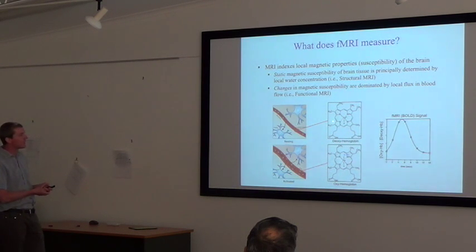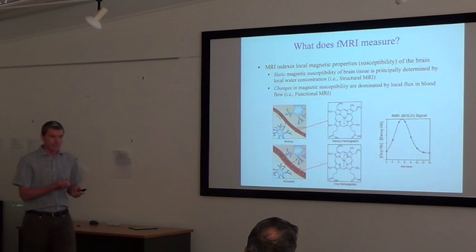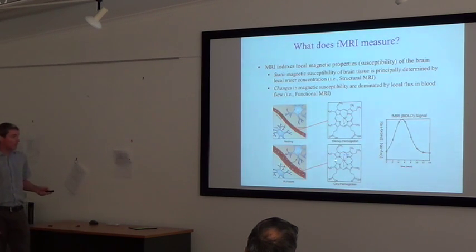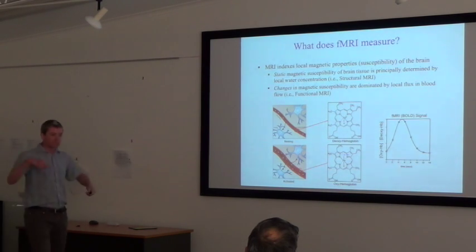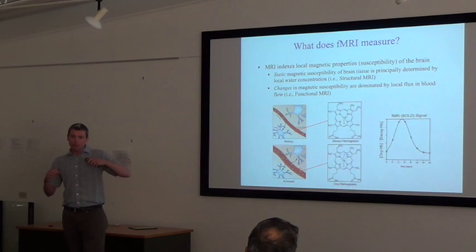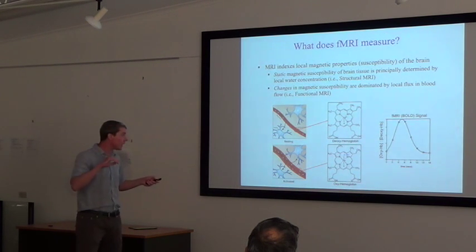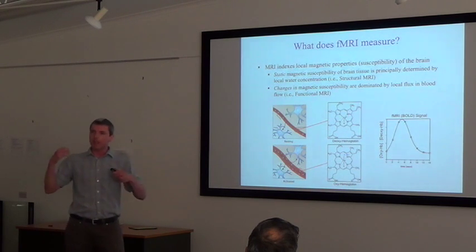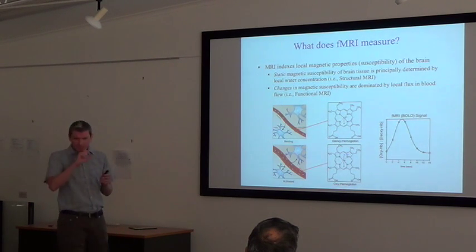What I want you to notice is that in deoxyhemoglobin, when it's not bound to oxygen, it's ionic, with a 2+. When it's bound to oxygen, those free protons are bound up by the oxygen itself, and it's neutral. Therefore, the difference between deoxyhemoglobin and oxyhemoglobin affects the magnetic properties of the brain in different ways. It's very slight, but it's something that we can measure.